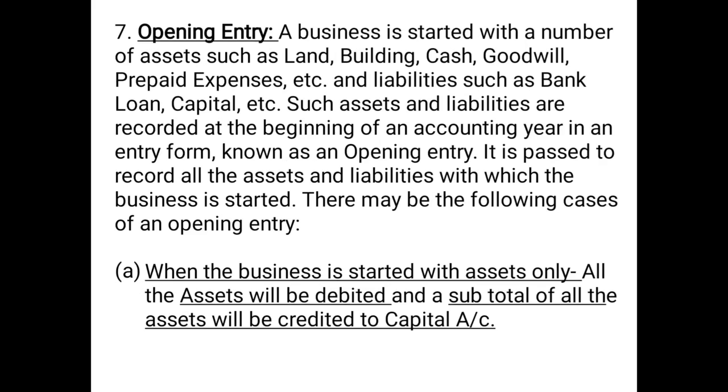Then there can be a second case where the amount of assets is more than the amount of liabilities. And the third case can be when the amount of liabilities is more than the amount of assets. So there can be different cases.